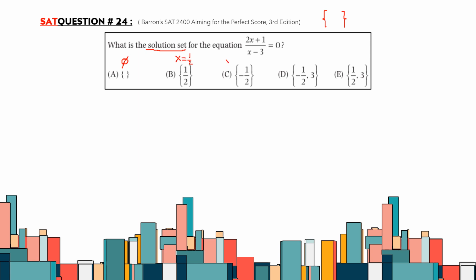This one is x equals negative 1/2. Here you have two solutions, x equals negative 1/2 or x equals 3. And here we have x equals 1/2 and x equals 3. So D has two solutions, and E has two solutions.